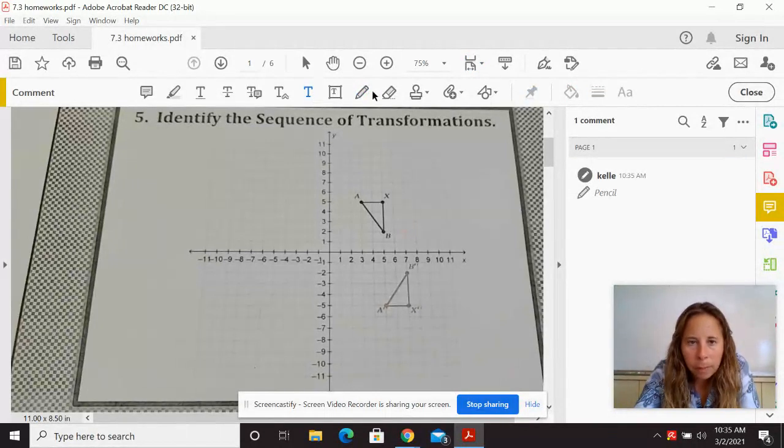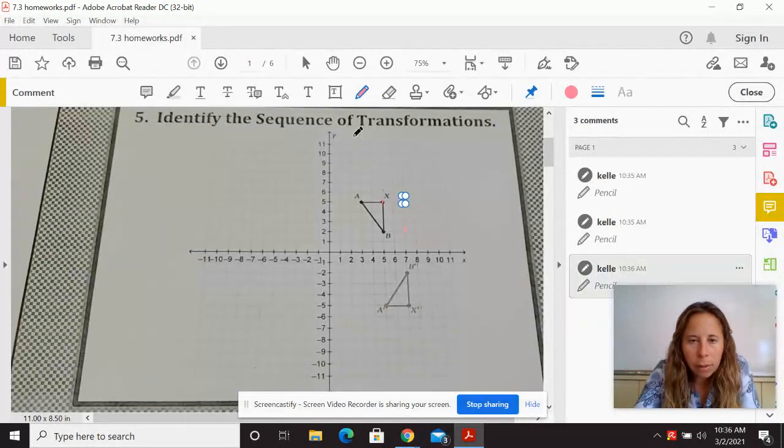That's my new B point. Okay, and so I'm going to do that with all of them. I'm going to move them all to the right. So X is getting moved to the right, and A is getting moved to the right.